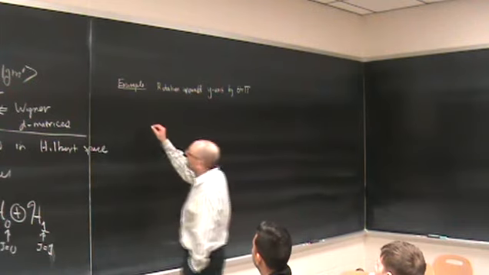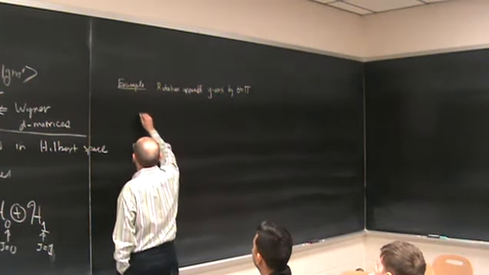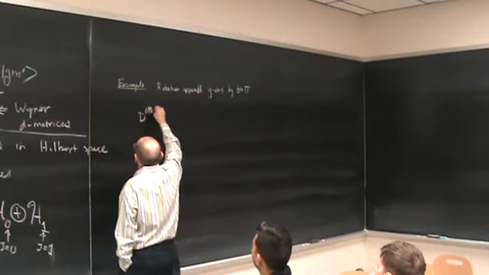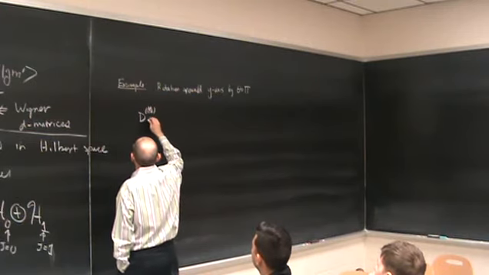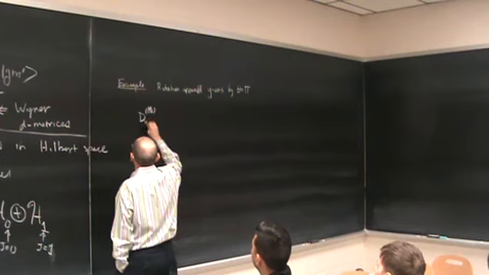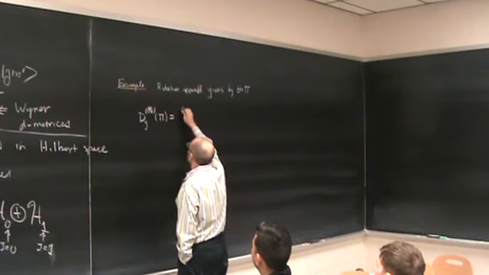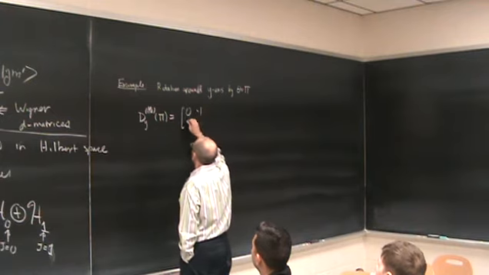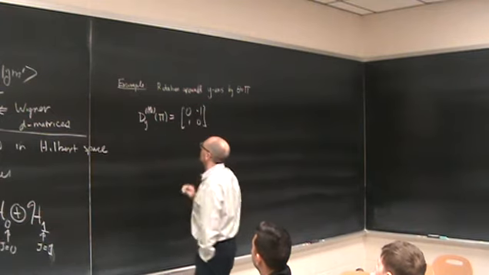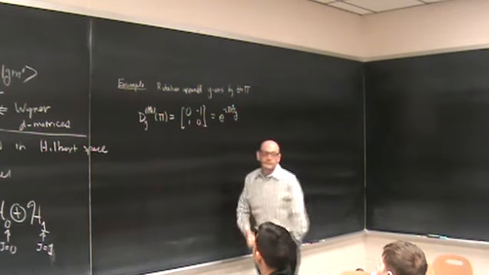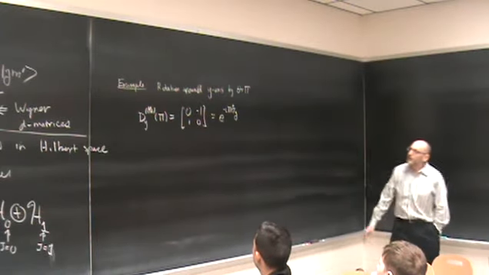In that case, for a given spin 1/2 particle, the rotation matrix around the y-axis by pi was 1, minus 1, 1. That's e to the minus I pi sigma y. That's what we showed last time.